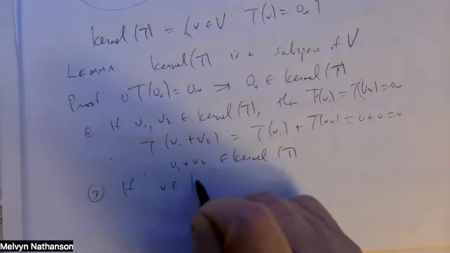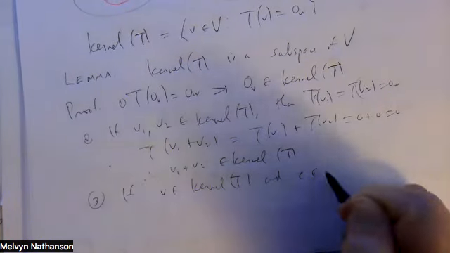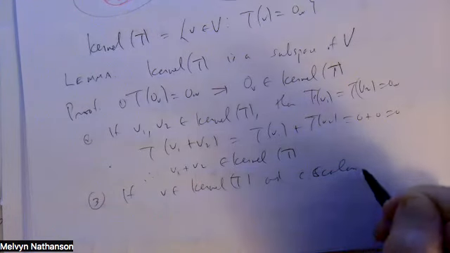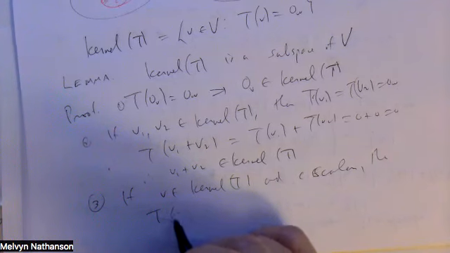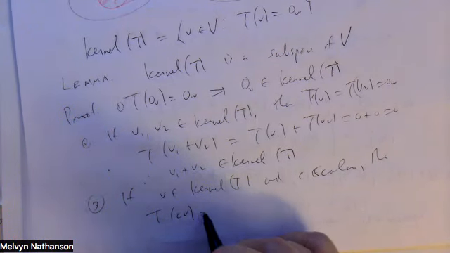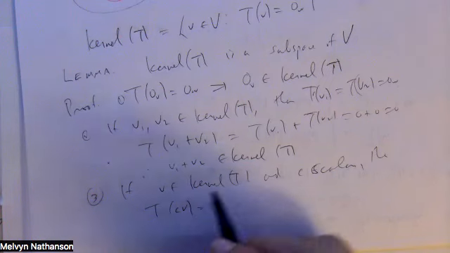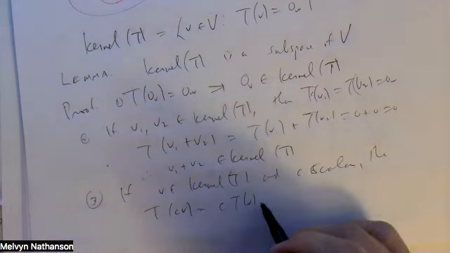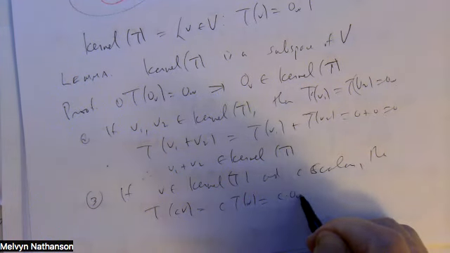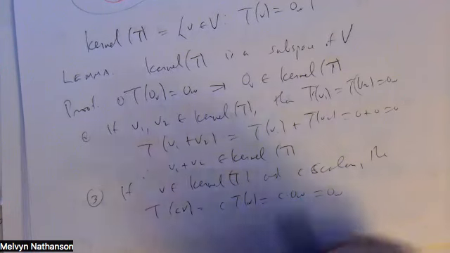And if v is in the kernel of T and c is any scalar, then T of c times v, because T is a linear transformation, is c times T of v. But T of v is 0, and any number times the vector 0 is the vector 0.